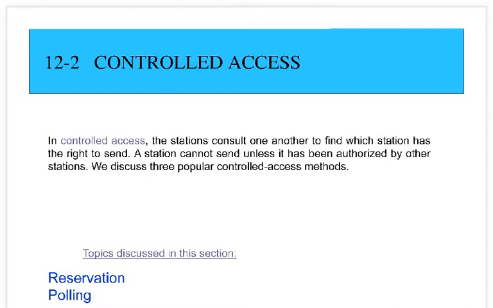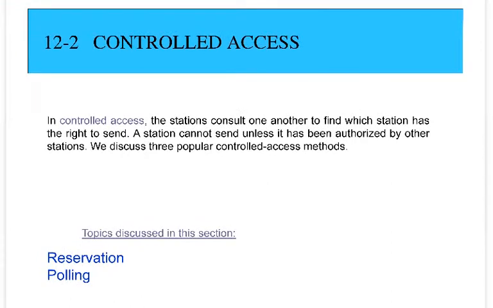In this category of techniques, what we try to do is eliminate collision. So starting from this technique, the reservation and polling, we try to eliminate collision completely. In the other two categories that we will discuss, there is no collision.